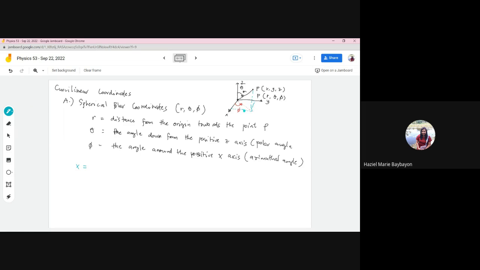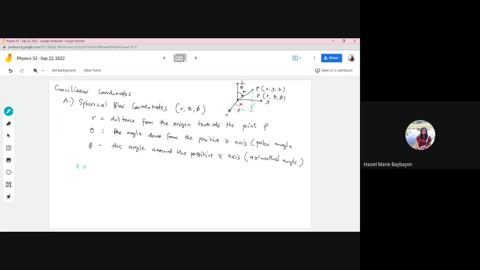This length is your y, and then z is of course this one. Okay, so from this illustration, we can see that x is equal to r sine theta cosine phi.